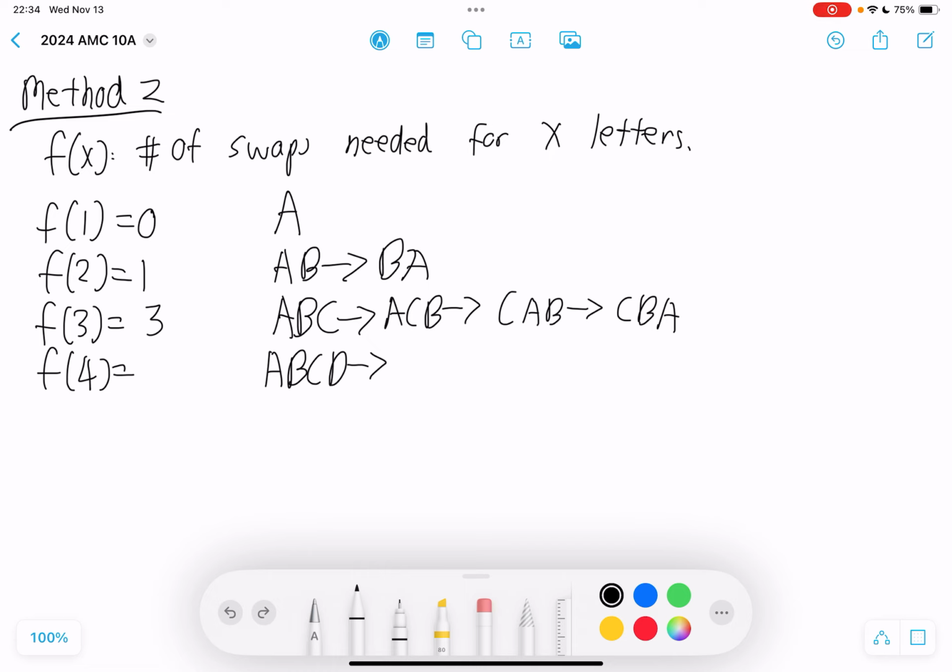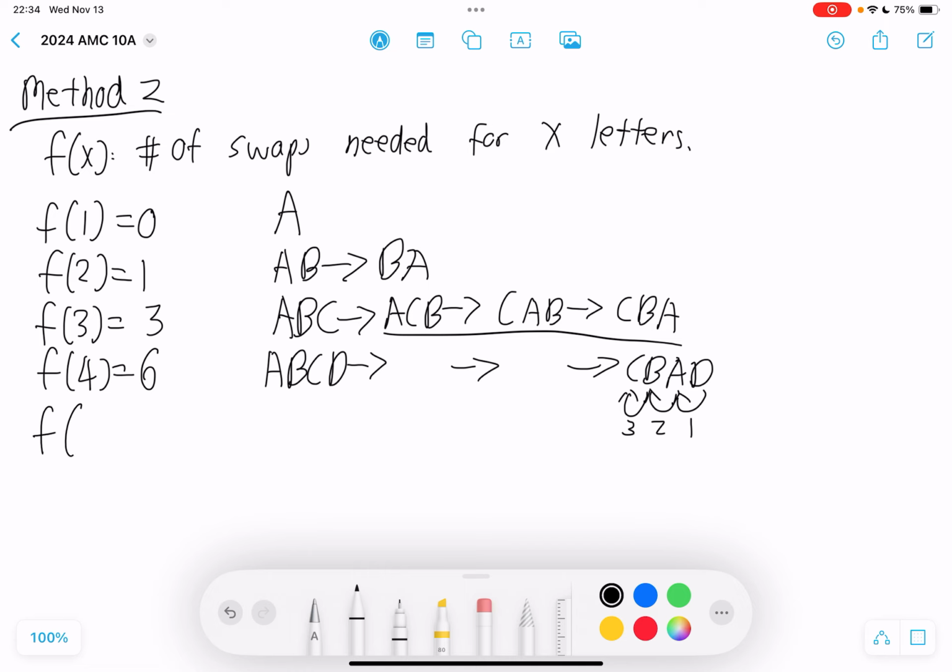So you can do the swaps here, and now it'd be CBAD. Then you can swap D with each of these letters. So A with D, and then D with B, and then D with C. So that is 3 swaps. So that is 3 plus 3, which is 6.